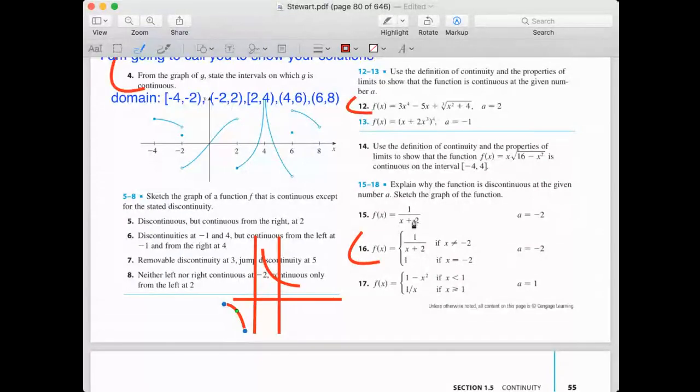If x is not equal to -2, we have the graph of 1 over x plus 2, but at x equals -2, we don't have the graph. Now x equals -2, we forced the function to be 1. So let me make a point here.